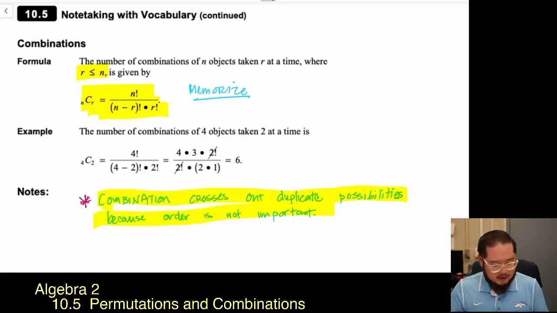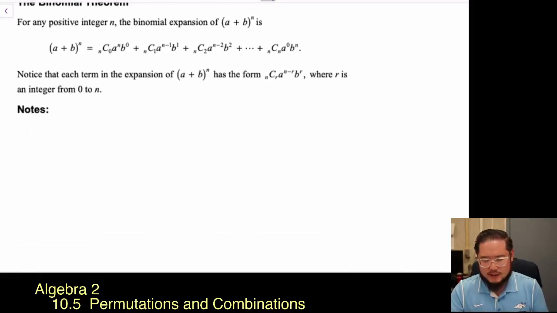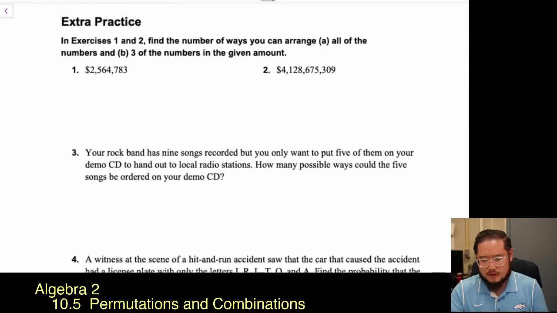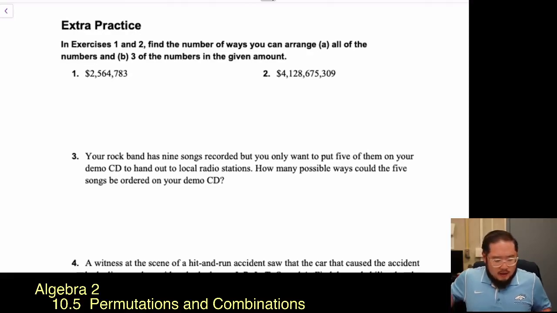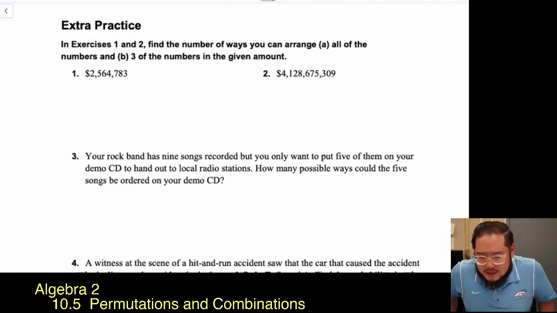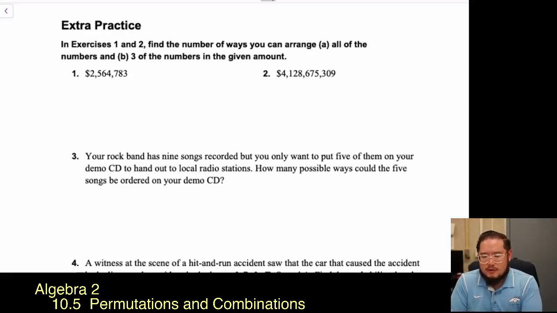All right, so let's take a look right here at number 1. Let's go to our exercises. So in extra practice 1, it says in exercise 1 and 2, find the number of ways you can arrange A, all of the numbers, and B, 3 of the numbers in the given amount. Okay, so is this a permutation or a combination problem?